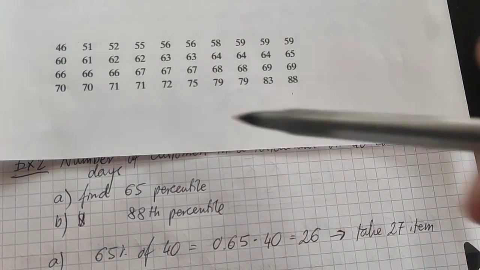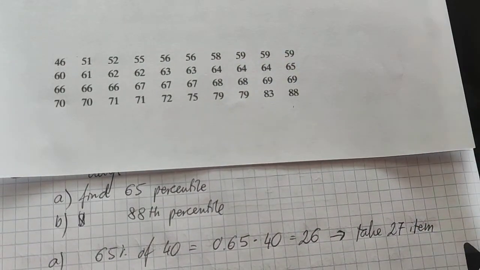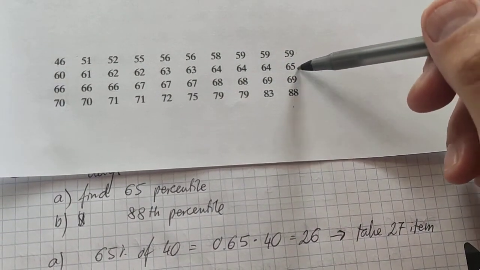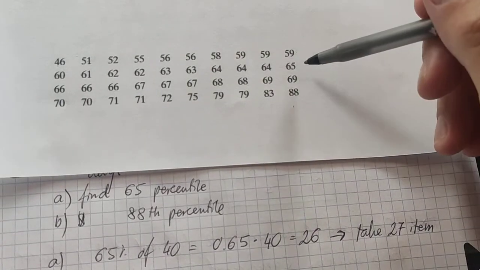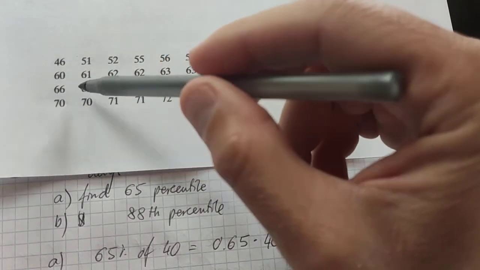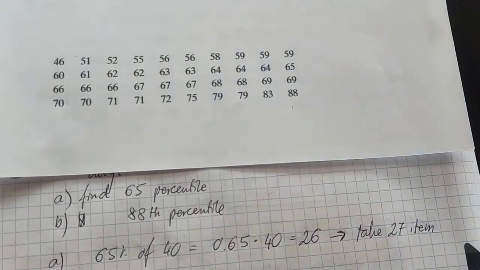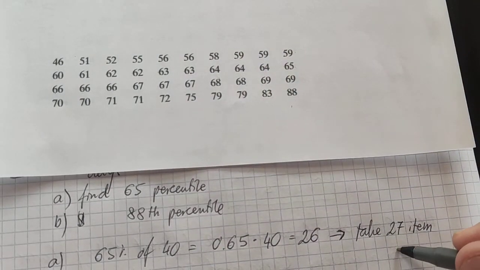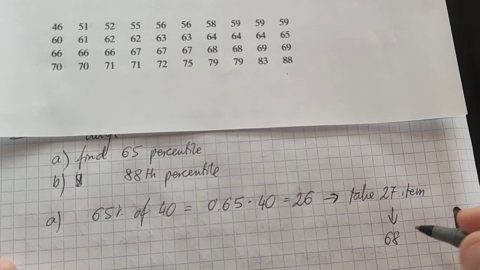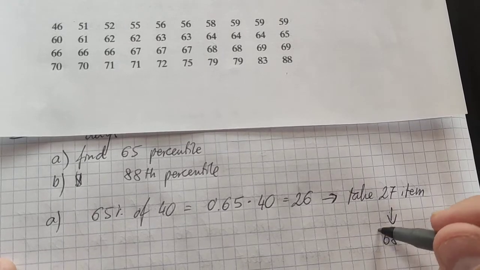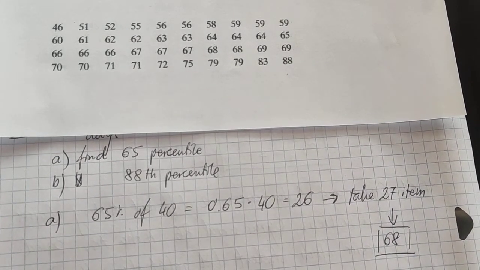There are 40 data items: this is 10, 20, 30, and 40. So we need to take the 27th. So this will be 20, and then 1, 2, 3, 4, 5, 6, 7. It's this one, so that's 68.